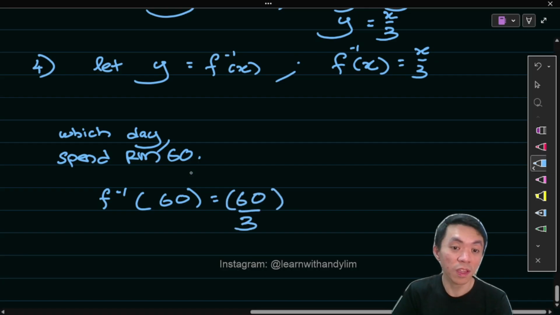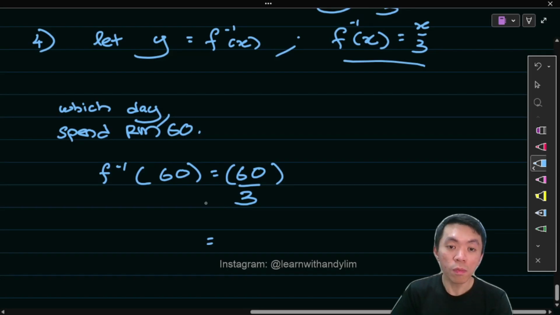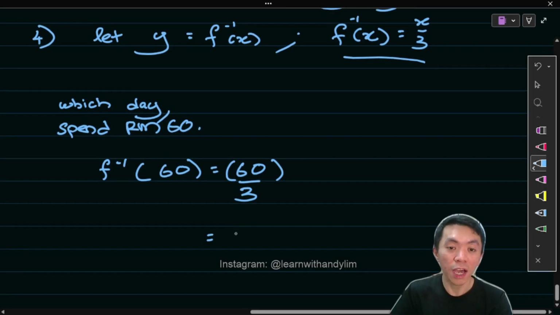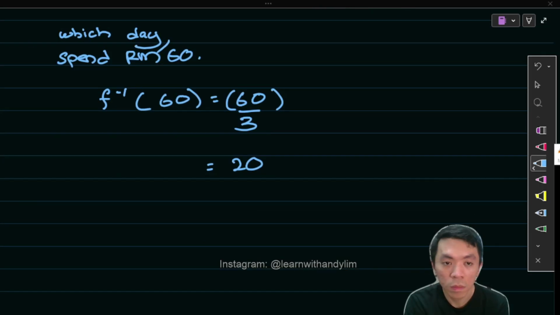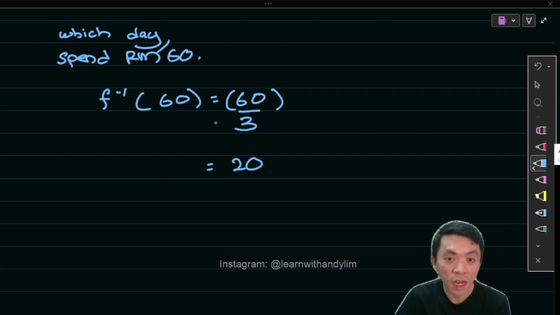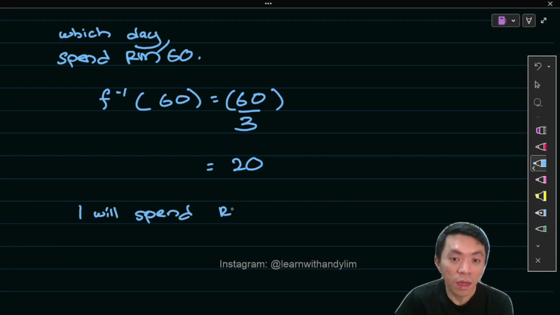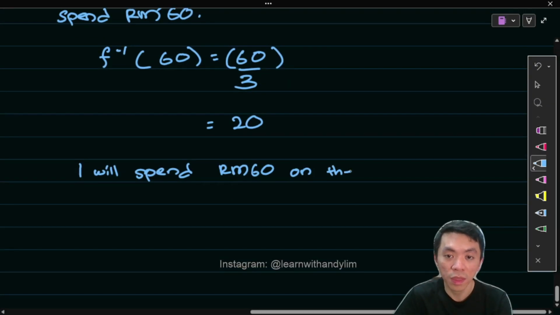Basically, I'm just substituting 60 into my inverse function. When I divide by 3, I'm gonna get 20. That means I will spend 60 ringgit on the 20th day.